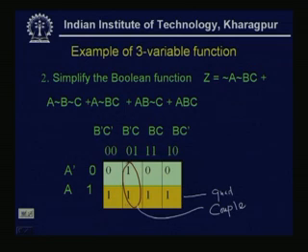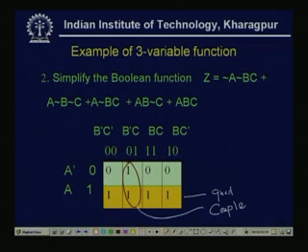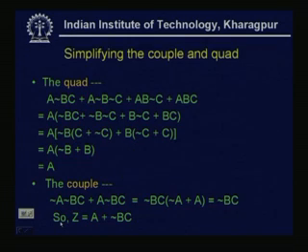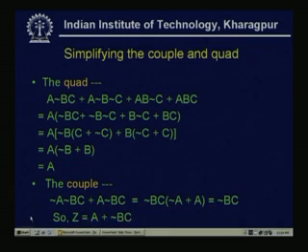Now, here from the couple, because it is the second column, A bar and A will nullify. So, only the column, that means the min term B bar C, will be the term for the couple. And now we see if we reduce it, whether it comes out the same.